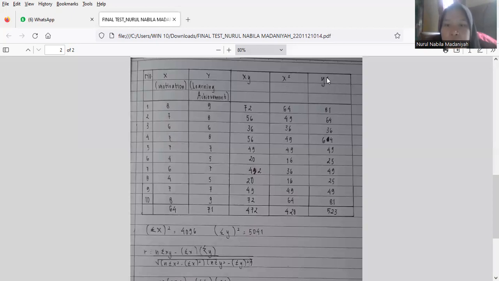And next we move to the y quadrat. Same as x quadrat. For the y learning achievement, I have totaled it by multiplying like this. 9 times 9 is 81. 8 times 8 is 64, and the total from y quadrat is 523.